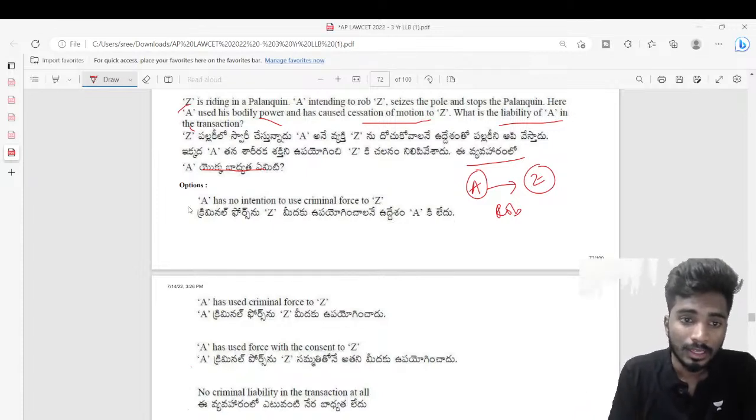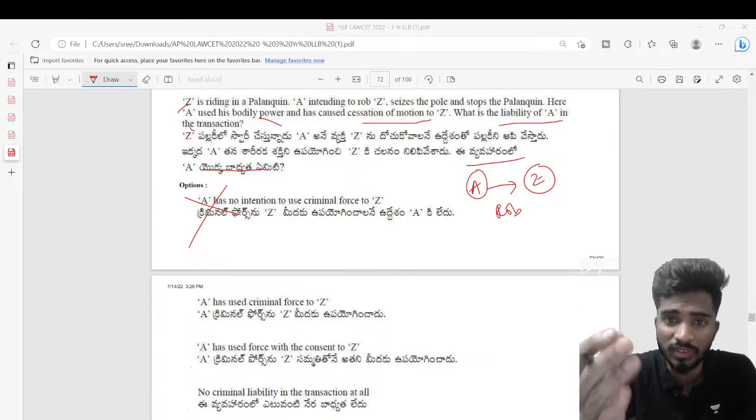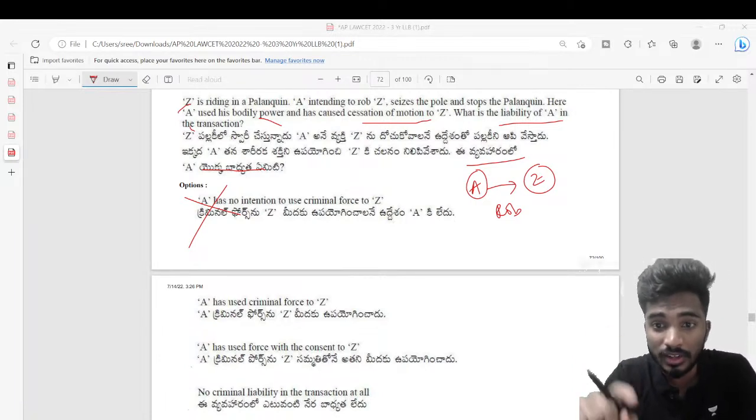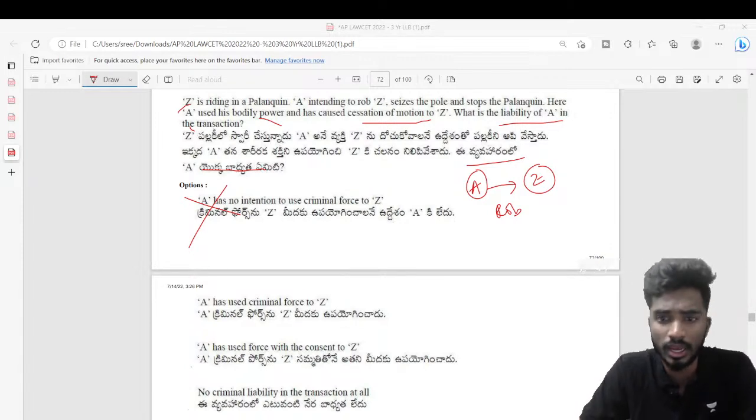So option A is outrightly a sweeping statement, right? So A ని చాలా ఈజీగా మనం రిమూవ్ చేయొచ్చు, ఎందుకంటే అక్కడ it is very clear that A intending to rob Z, right? So Z ని రాబ్ చేయాలని అక్కడ వెరీ క్లియర్లీ there is an intention, ఫోర్స్ కూడా యూజ్ చేసిండు. So A cannot be the answer whatsoever, right?